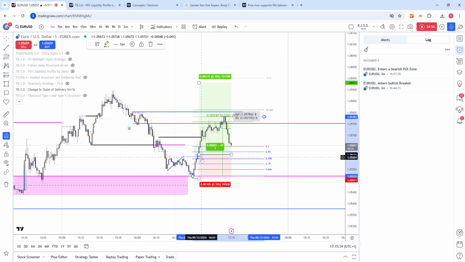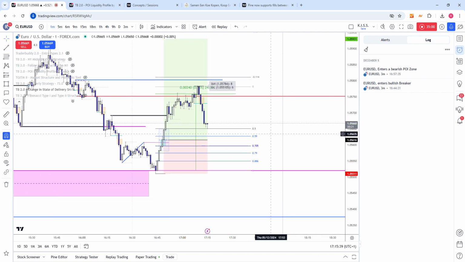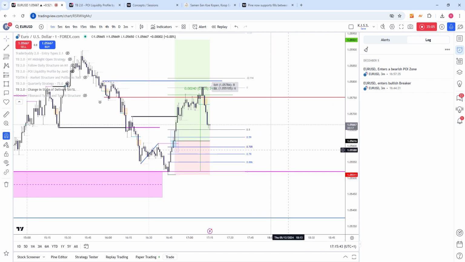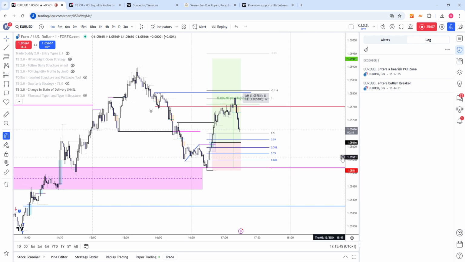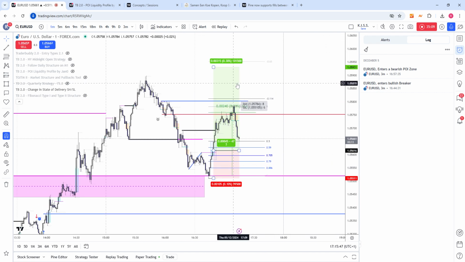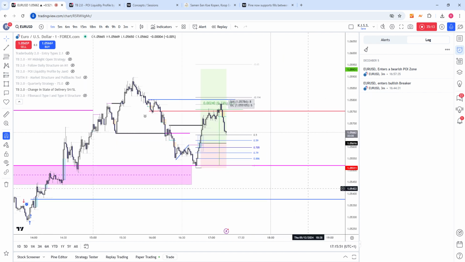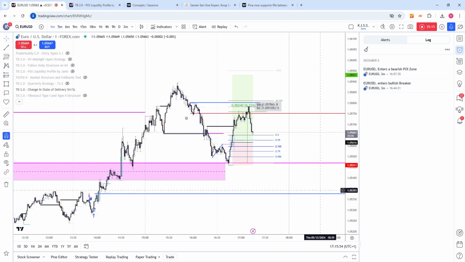Let's look where the fair value gap is. Okay, it's at least below the 50%. Okay, well, let's stick around a little bit longer.